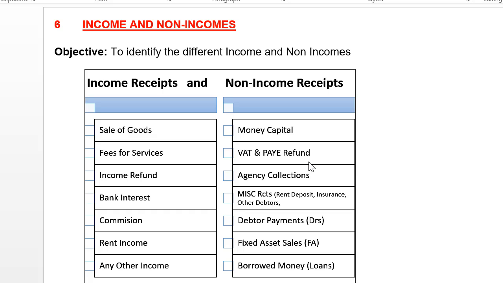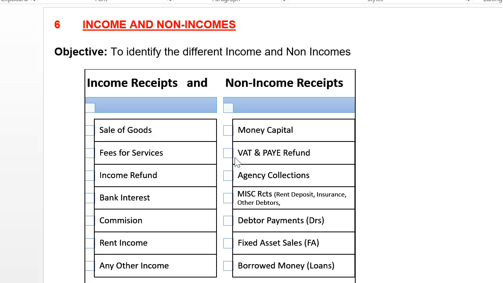Then we have VAT and PAYE refund. Now, VAT refund applies to businesses which are registered for VAT. In the UK at the moment, it's £82,000. Any business whose turnover is below that should not register for VAT unless otherwise. So that VAT refund arises when the business pays more on what it uses in the business or sells than the VAT recovered on sales.